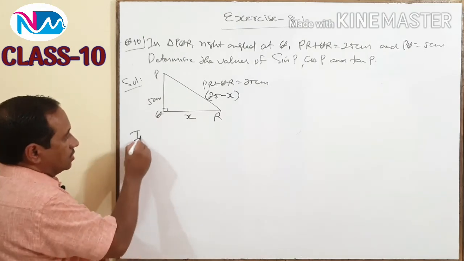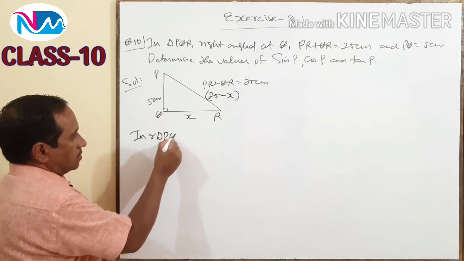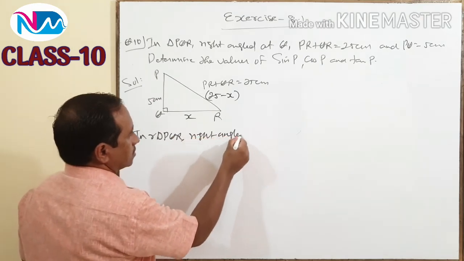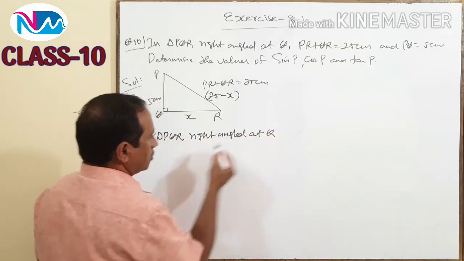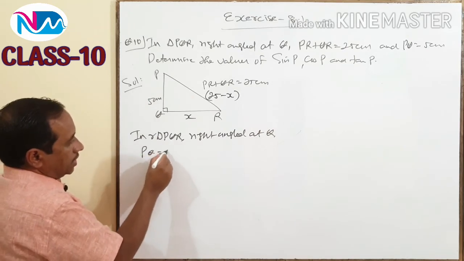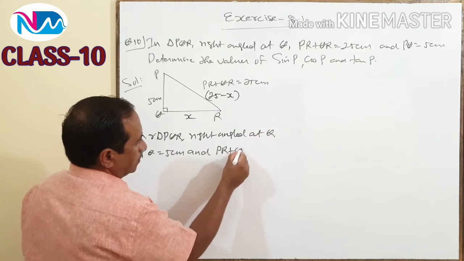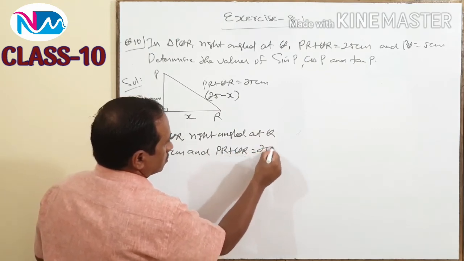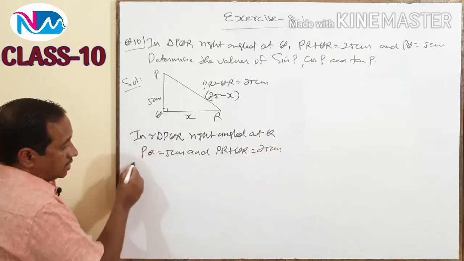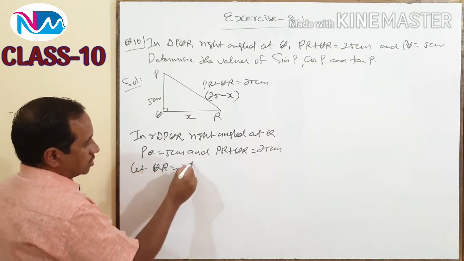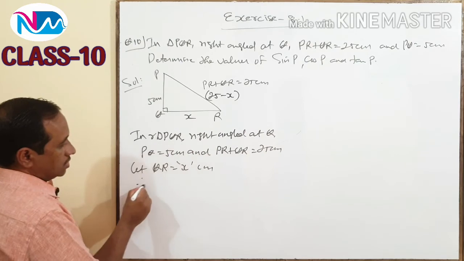In right triangle PQR, right angle at Q, PQ is equal to 5 cm and PR plus QR is equal to 25 centimeter. Let QR is equal to X centimeter.